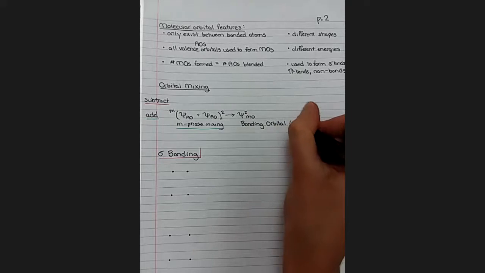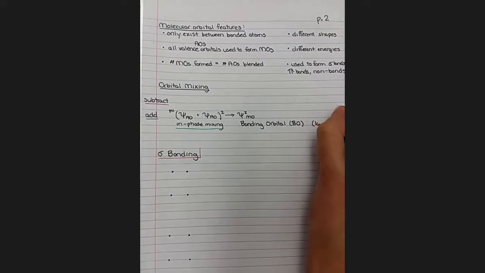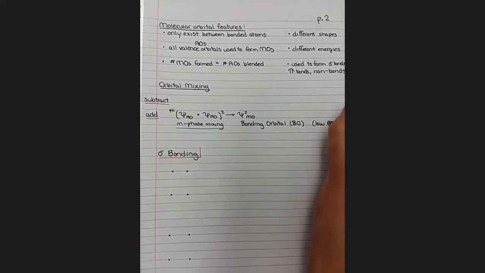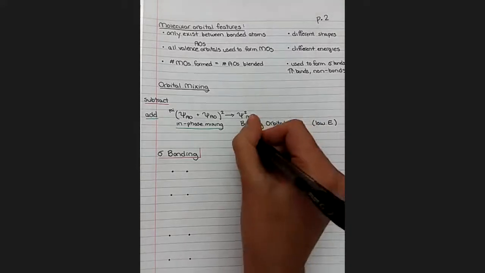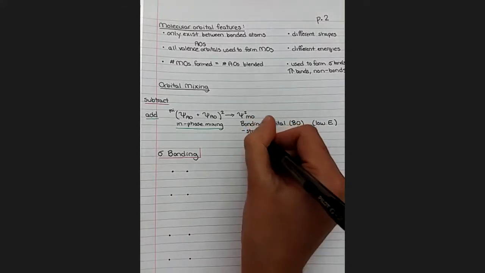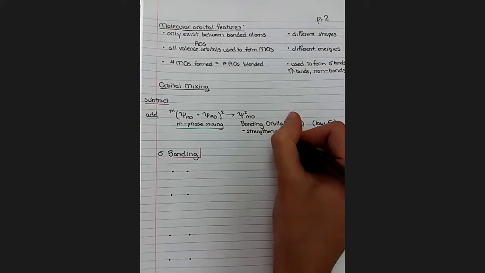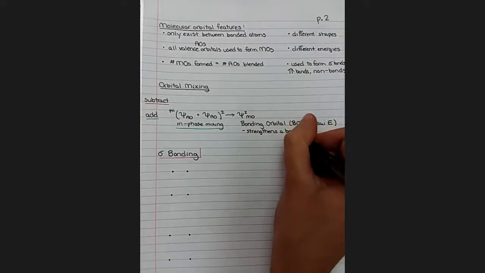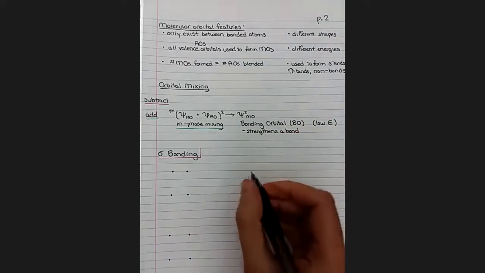We're going to represent that with BO, because there are just a lot of names that we don't have time to write. So bonding orbitals are going to be the lower energy orbital in the pair, because bonding is going to be a stable interaction here. If you put electrons into a bonding orbital, it will strengthen a bond. So it creates that bond and it holds it together.